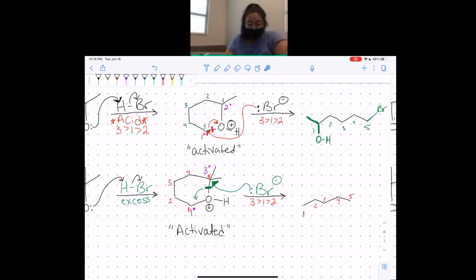So the last question was, which way are we going to open it? If we attack tertiary, we break this bond, and so we open towards the primary. We're always opening towards the less stable side. So that being said, please tell me what substituents I have and where I have to place them.